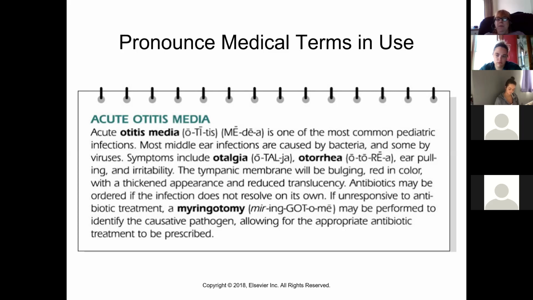Exactly. What the tubes do is they are put into the eardrum and they allow pressure to be released. For some reason, and we don't know why, it releases the pressure on the middle ear and allows any infection to drain through the eustachian tube.